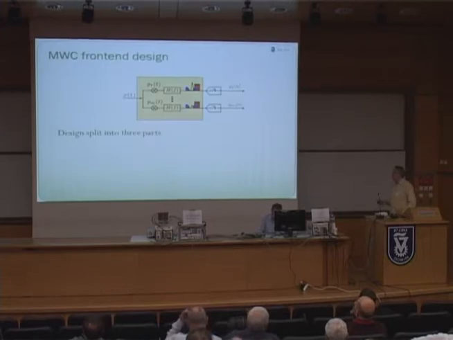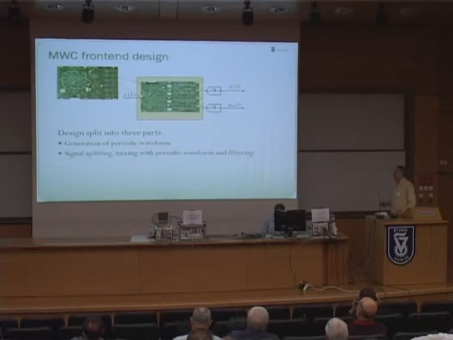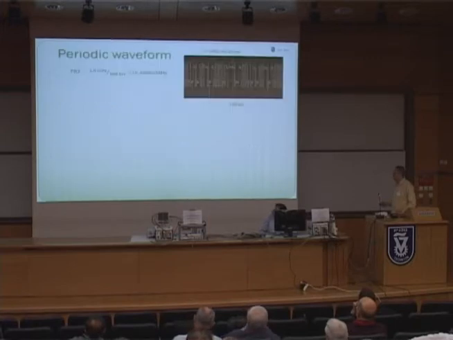So the front end we split into 3 parts. The first part is the generation of the periodic waveform. The second part is the modulation, and the third part is the A2D converter. The periodic waveform, as Bora talked about, alternates between 1 and 0.